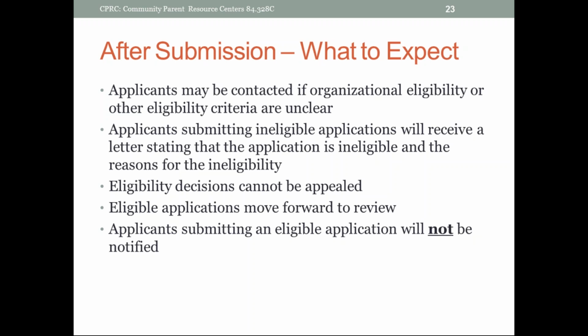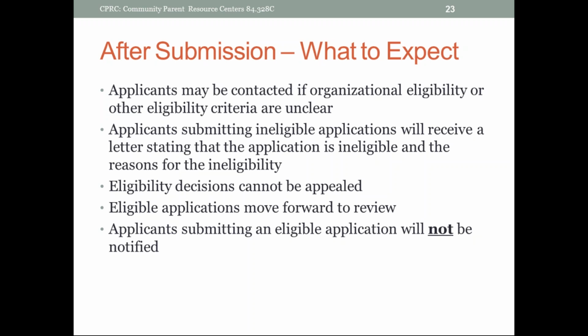If we have a question and it's not clear to us that your organization is eligible for this grant, we will probably get in contact with you and ask you for further information, and then you will provide it.